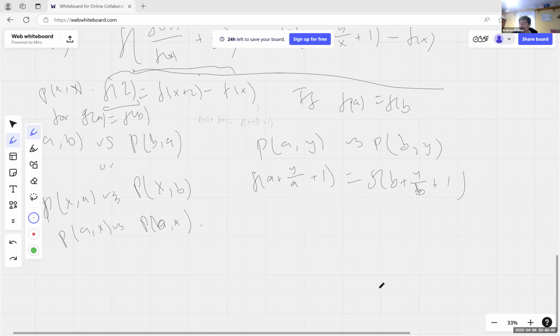Now what you can do is, if we assume that a is greater than b, right? If we can choose a y such that y over b plus b is equal to 2 plus a plus y over a, then we should actually probably do it the other way around, right?